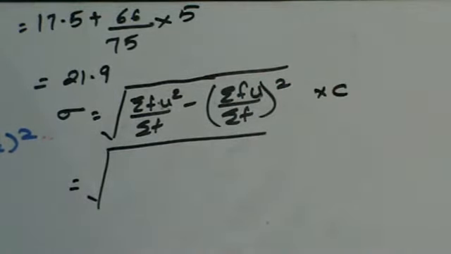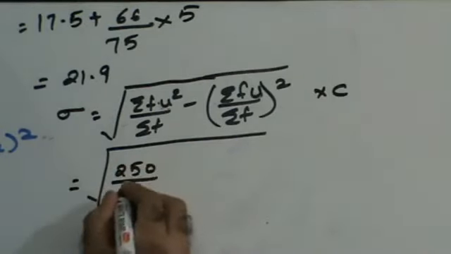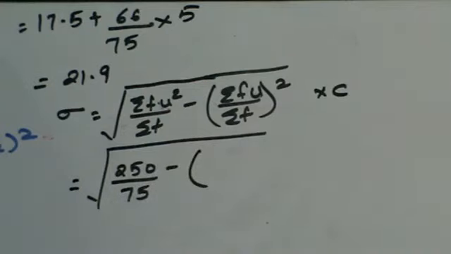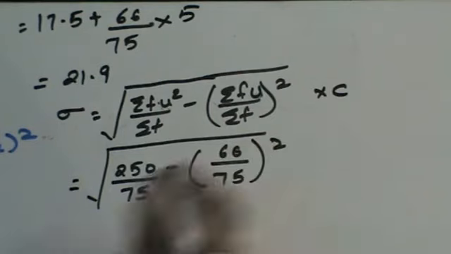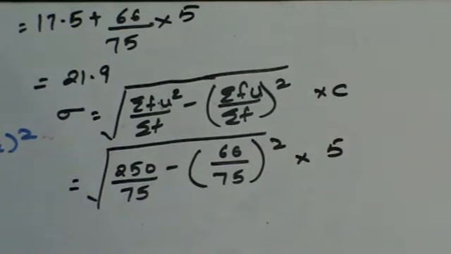So sigma fu square is 250 upon sigma f 75 minus sigma fu 66 upon 75 the whole square, into c 5. When you simplify this, you will get this answer as 8.